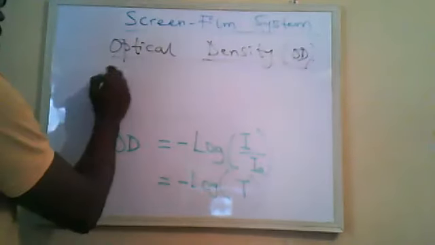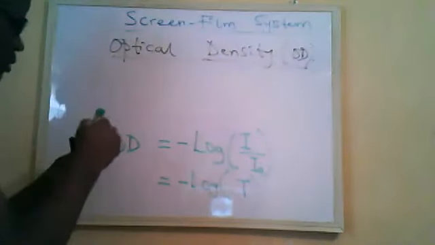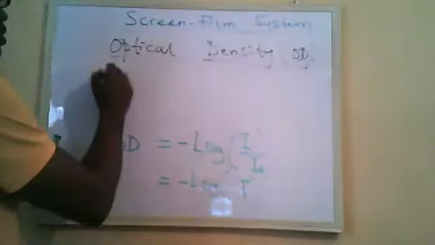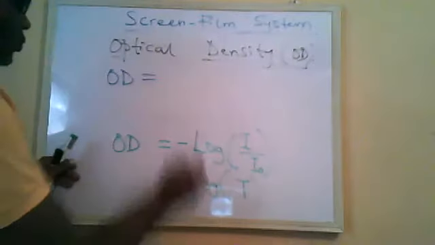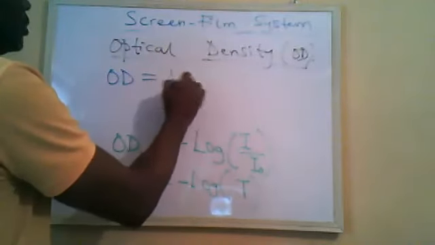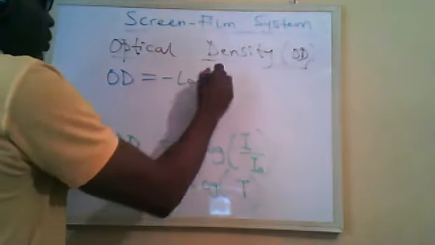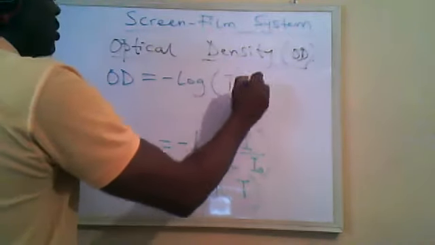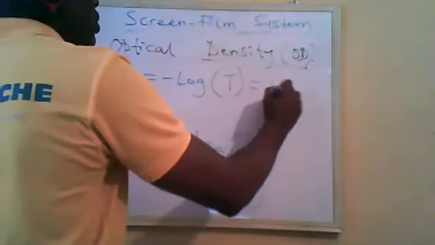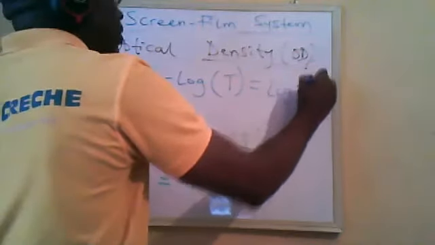Have our OD. It is still, of course, negative log P, which is log P raised to the power minus 1.